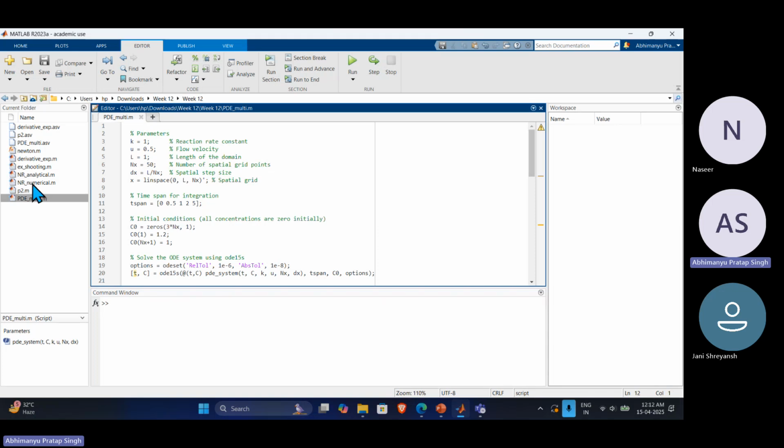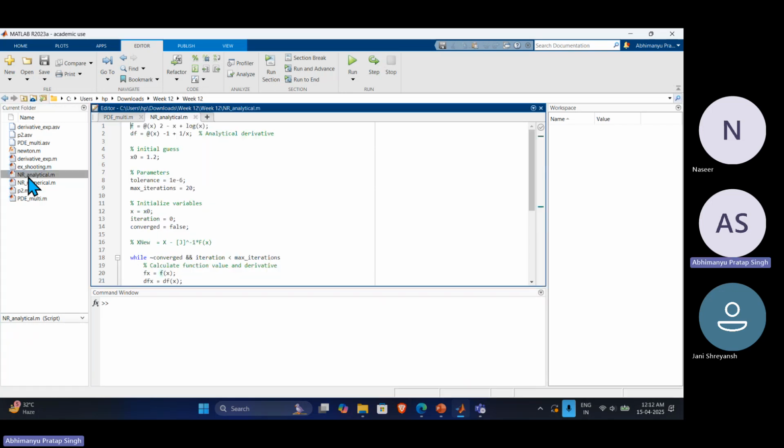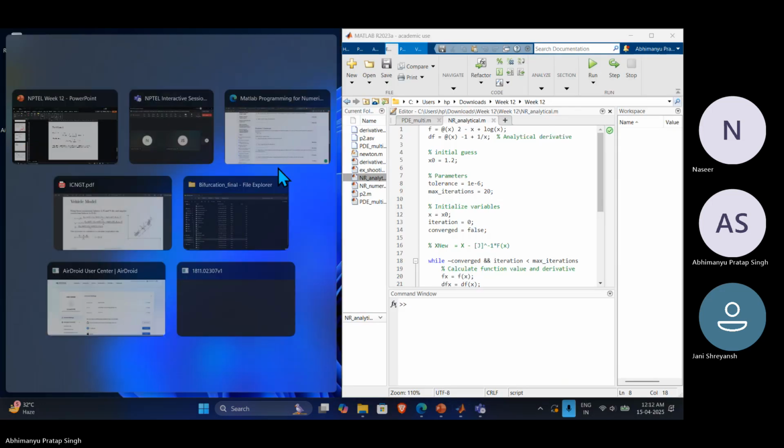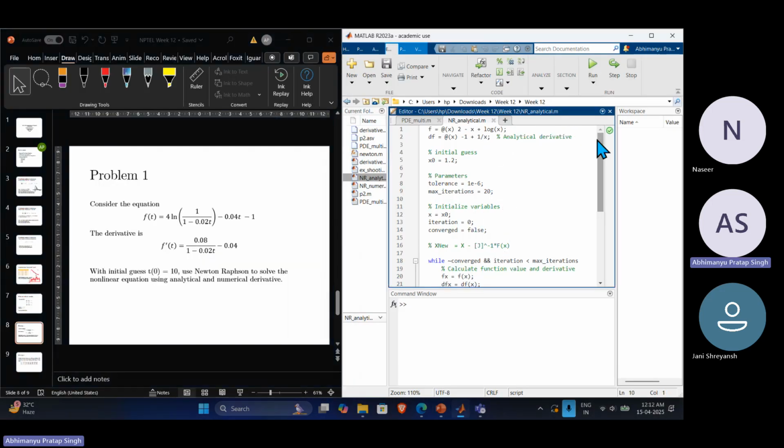I will use the same code. Just let us use the analytical part. So we just need to change this function, and the initial condition. Okay. So these are the two things that we need to change.